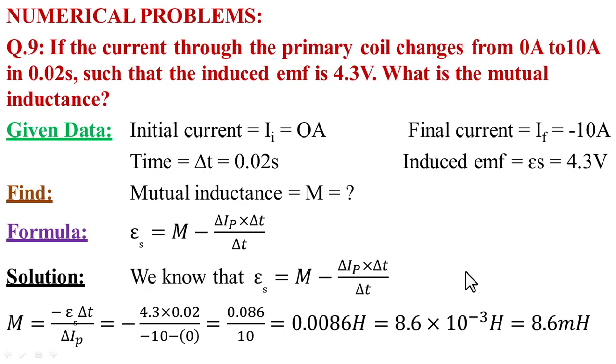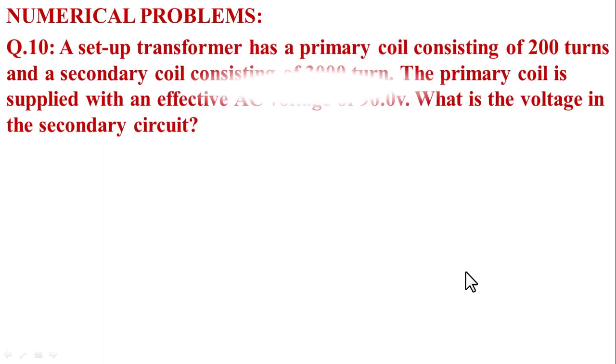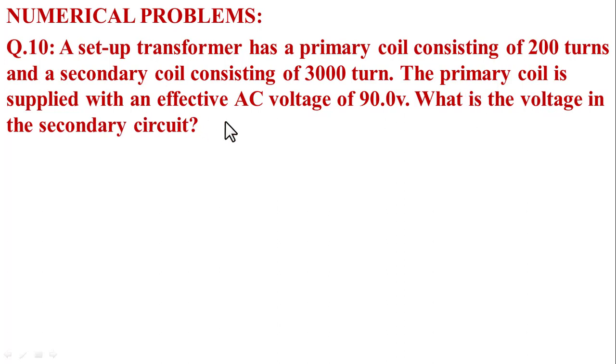M stands for milli. Now the numerical problem in question number 10. A step-up transformer has a primary coil consisting of 200 turns and a secondary coil of 3000 turns. The primary coil is supplied with an AC voltage of 90 volt. What is the voltage in the secondary coil?